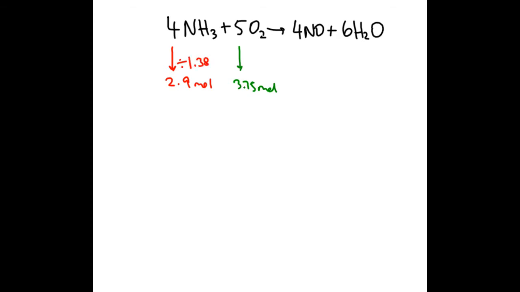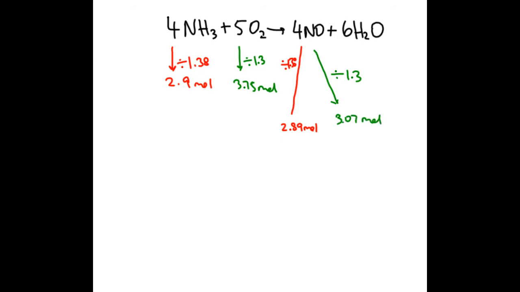And if you were to do that to the reactant, divide by 1.38, what you would end up with is 2.89 moles. And if you did the same thing with the green, or the oxygen, you would find that you're dividing by 1.3 as a factor. And if you were to divide that by 1.3, what you would end up with is 3.07 moles.